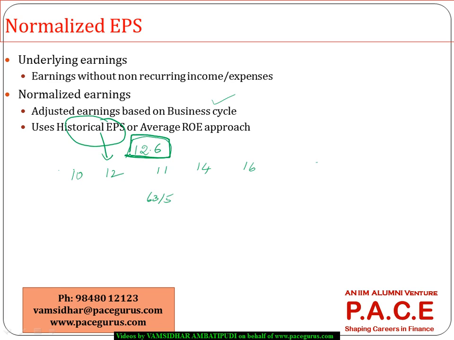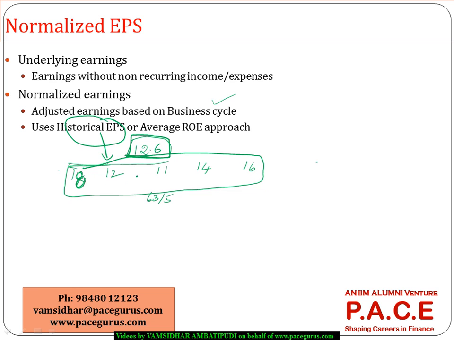This is something that I should use especially if I have to estimate the earnings per share in a business cycle. Assuming this is a 5-year business cycle, let me take one of the values as 18 here, so it has fallen and then started rising.